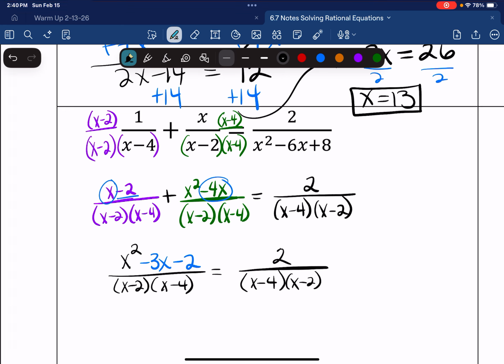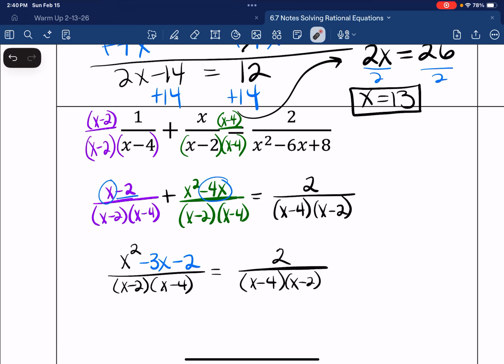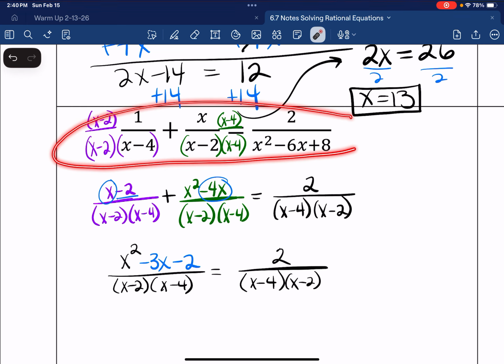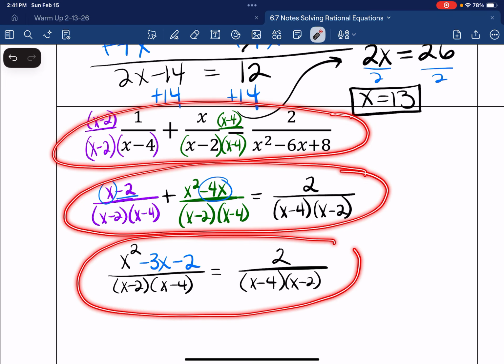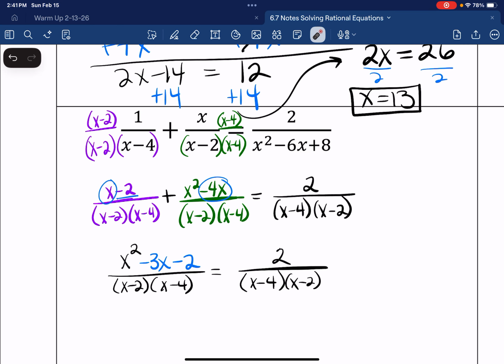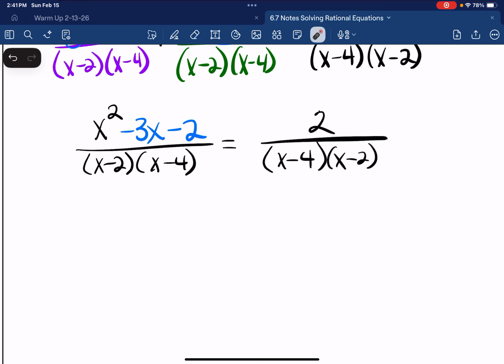It's really important that you keep your equation balanced at every step. You don't want to take any shortcuts just because you're tired of writing things down, okay? Make sure you keep every single step balanced. Now, what do you notice about this step in our equation? Hopefully you see that both of your denominators are exactly the same.